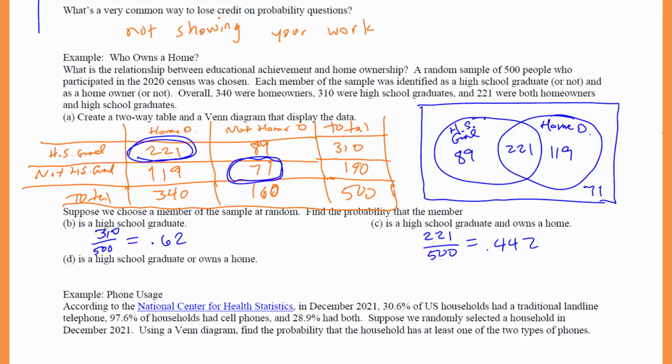We could just add up the people that are high school graduates and not homeowners, so that's 89 people, plus the people that are homeowners and not high school graduates, that's 119 people, plus the people that are both, 221. We add up those numbers and divide it by 500. We get 429 divided by 500, and that is 0.858.